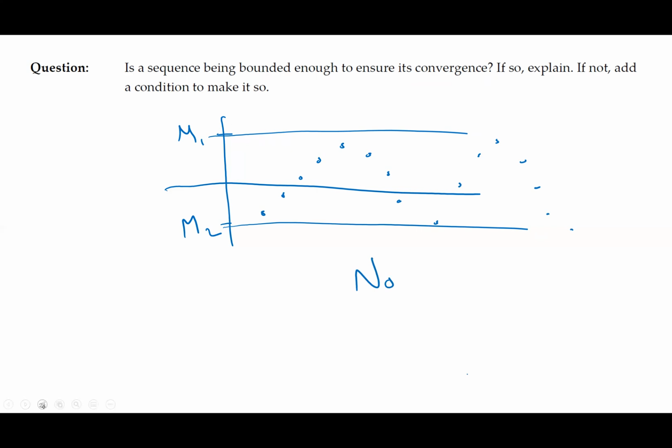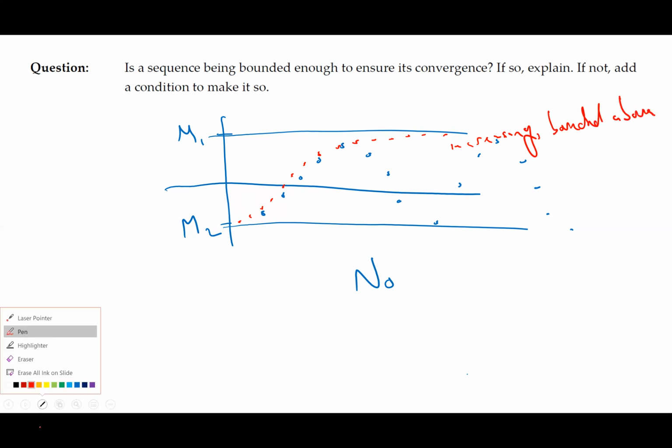But what if instead we could add a condition? Notice that this one converges. It's increasing, bounded above. We could go the other way too. We could come down this way.